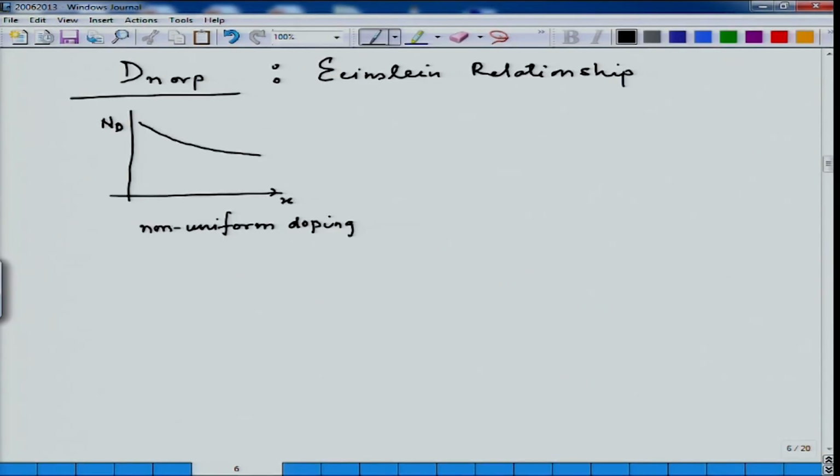If we have non-uniform doping, then in equilibrium, the first condition that we must have in this material is that the Fermi level EF is constant, or dEF/dx is 0.